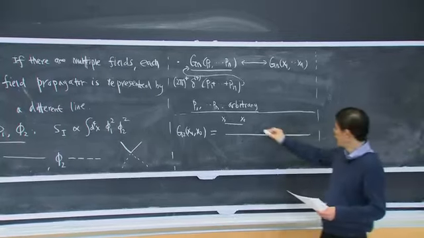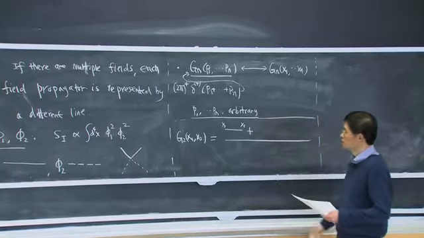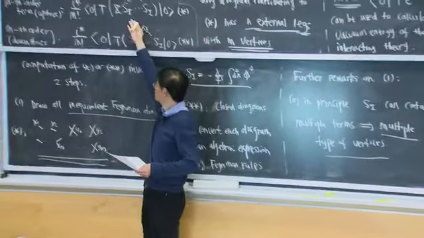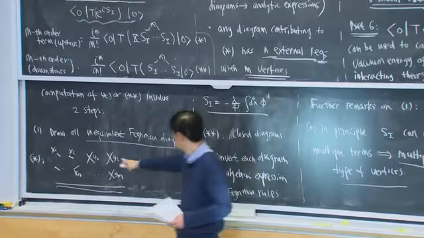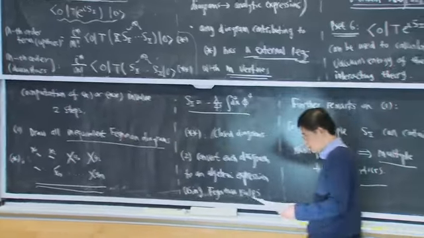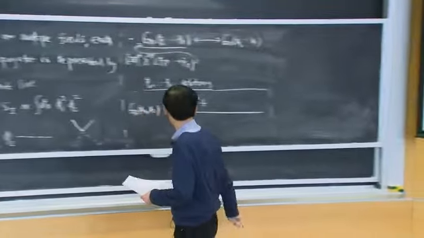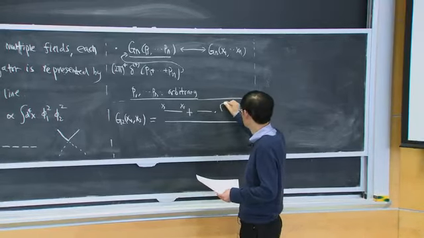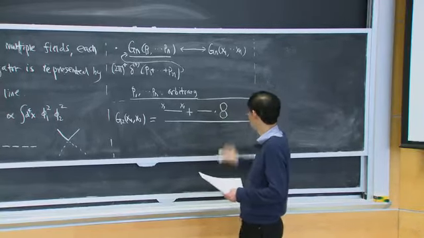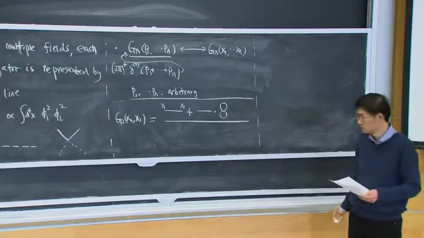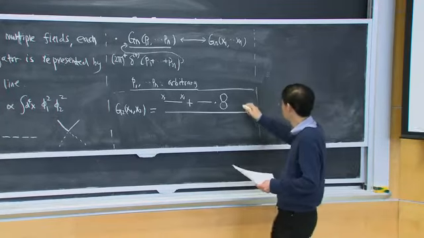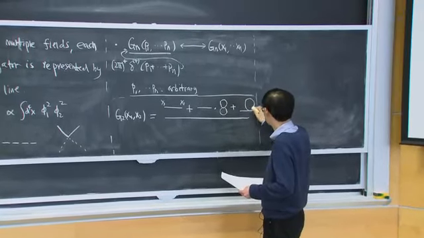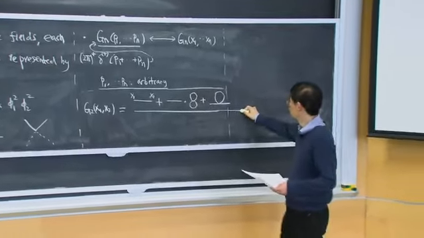The next order is you bring down one power of this S_I, so now there are two possibilities. One possibility is that you still have this line, but times this vertex contracts with itself. Another possibility is that you have something like this, and you contract with the vertex.